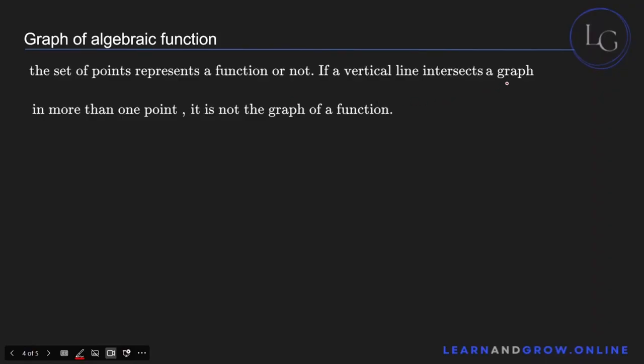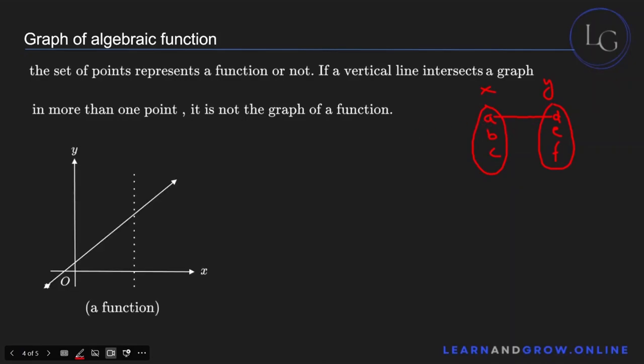If you remember that the requirement of a function is that one value in the input set x must correspond to exactly one and only one value in the output set y, right? So that is the requirement.